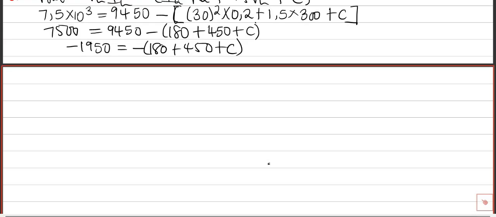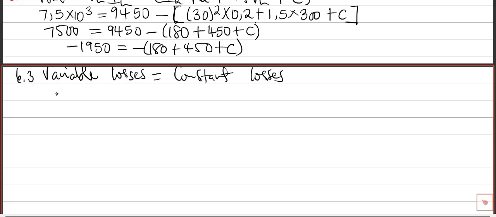So you use the formula for variable losses. Variable losses are equal to constant losses, whereby IA squared RA equals I shunt VL plus your constant losses.